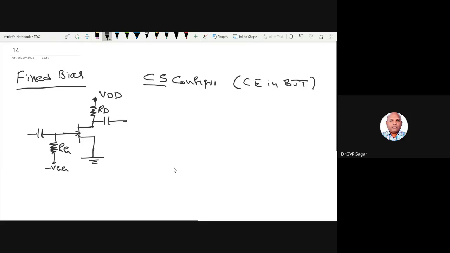This is the output V0 and this is the input Vi. So this is a simple amplifier circuit with a fixed bias.